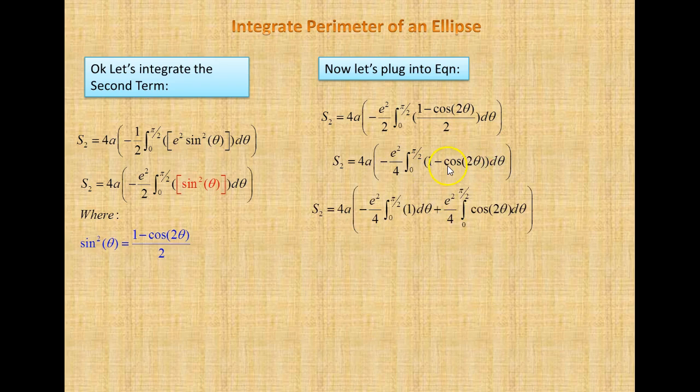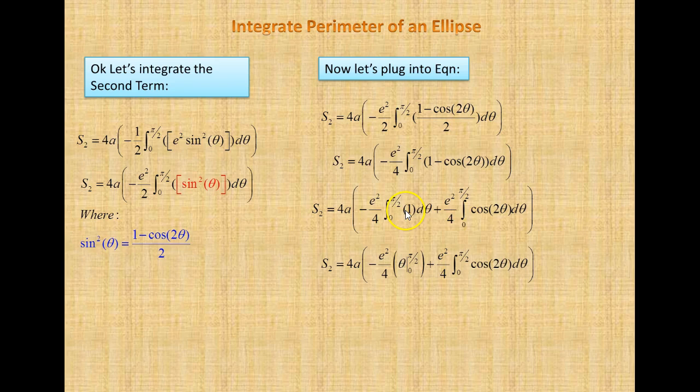Now we can separate those and take the integral of each term. So we have epsilon squared over 4 times the integral from 0 to pi over 2 of 1 d theta minus epsilon squared over 4 times the integral from 0 to pi over 2 of cosine 2 theta d theta.